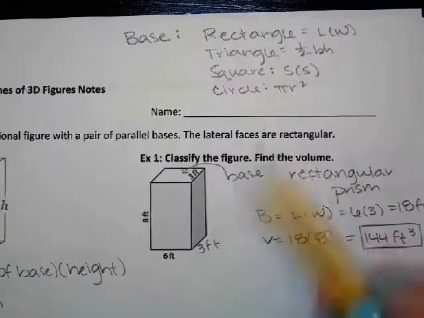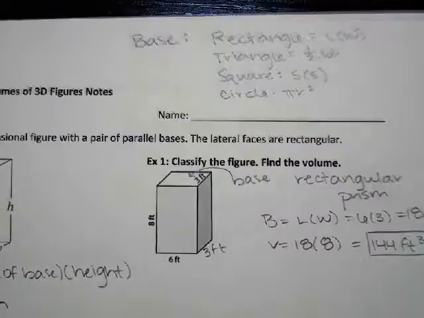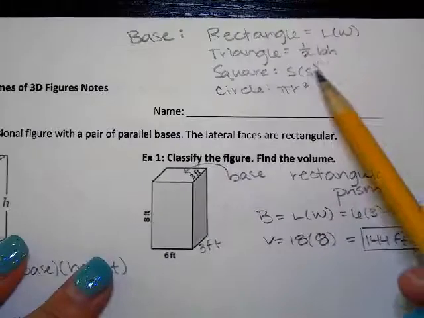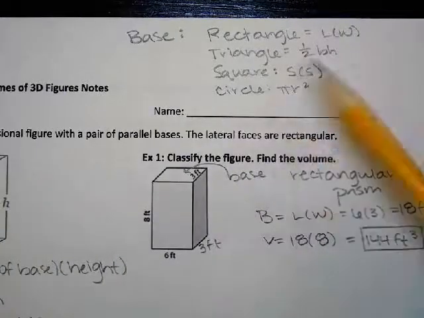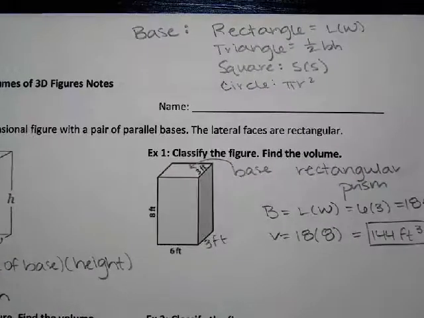The circle one just means it's a cone or a cylinder, but that sort of thing is going to be pretty important for this. And these formulas, you're going to want to memorize them as quickly as you can because we are going to be using these formulas throughout the rest of this unit. We do not have a quiz this unit, so you're going to memorize these and we're going to be using them the rest of the day. So they're going to be pretty important for you to have at your disposal.